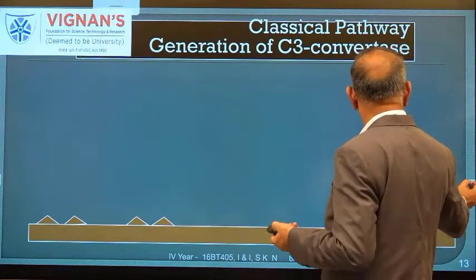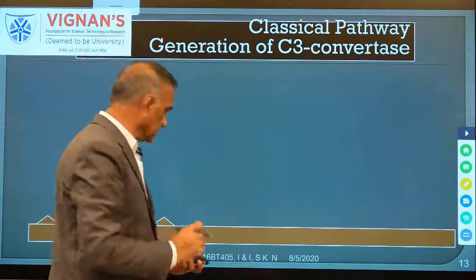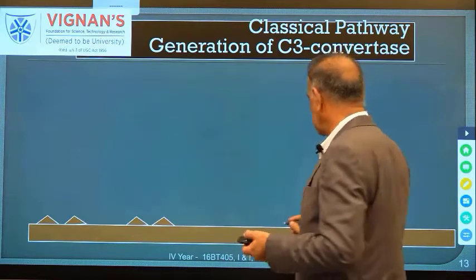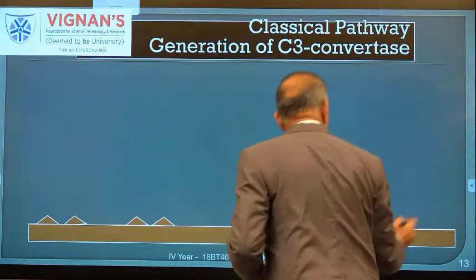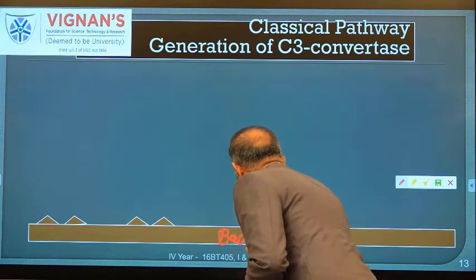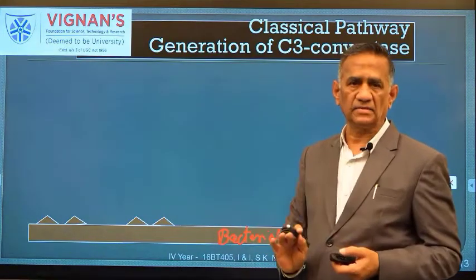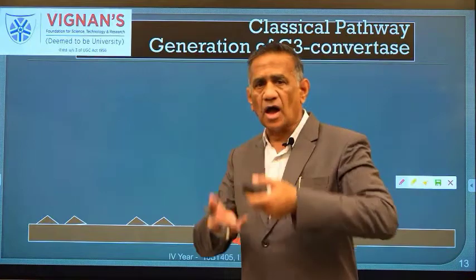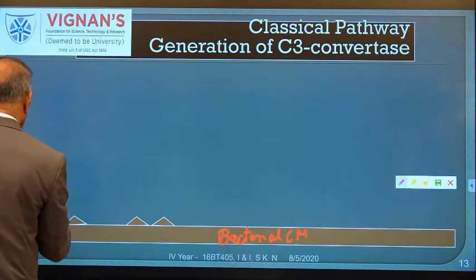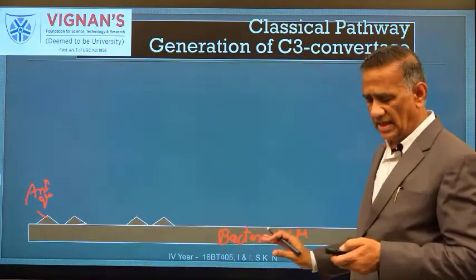An important aspect to understand is that the line given here is not just a line; it is the bacterial cell membrane. Every organism has antigens on top. This is an antigen.